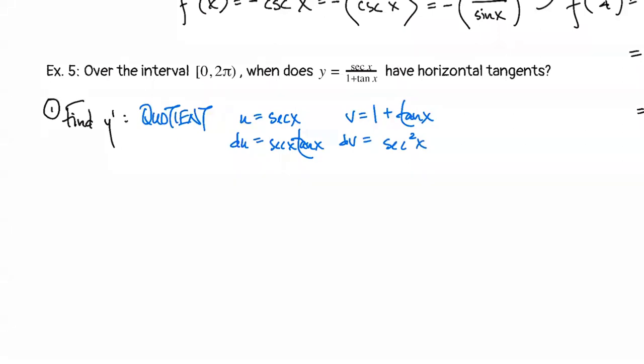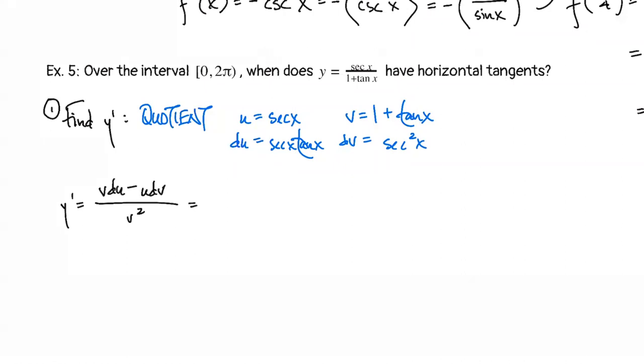Double check that setup, make sure it's good, and then you're going to plug things into that quotient rule. So y prime equals v du minus u dv over v squared.